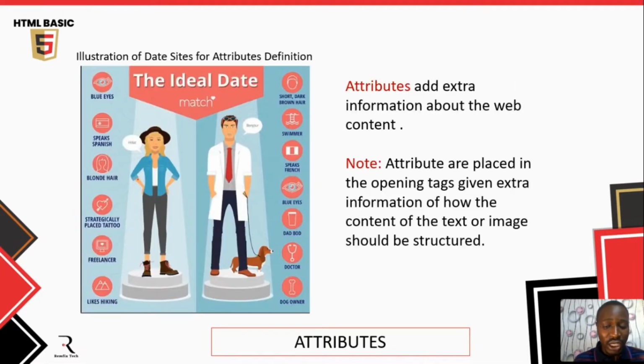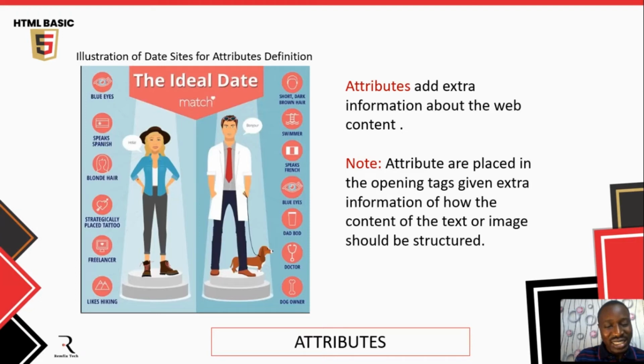So let's also look at attributes. Now this is an illustration of a dating site, right? If people want to date on a site, they have specific attributes that the computer will use to display different people for them. Okay, I want the man I want to date to have blue eyes, to be a doctor, to be a dog lover.